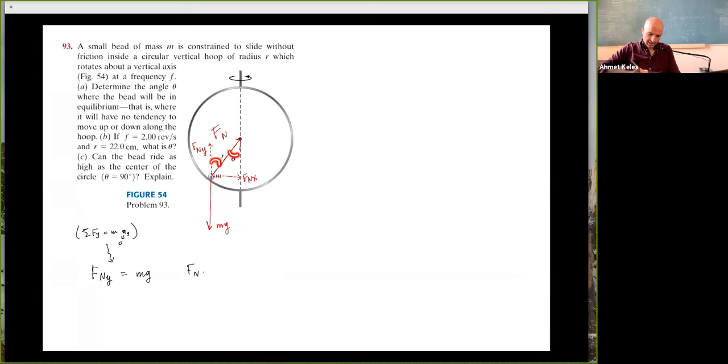So F normal cosine theta should be equal to mg. Now I have what F normal is: mg divided by cosine theta.